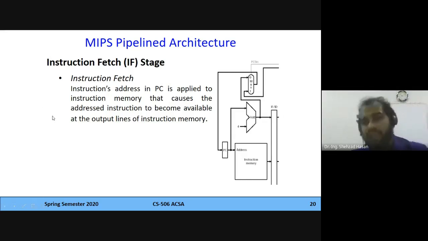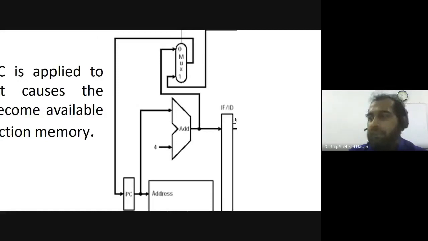We have defined five stages, and these registers are named according to the stages that they are separating. For example, if this is the fetch stage and the next is the decode stage, then we are going to call that register IF/ID, which identifies that this register is the one between the fetch stage and the decode stage.